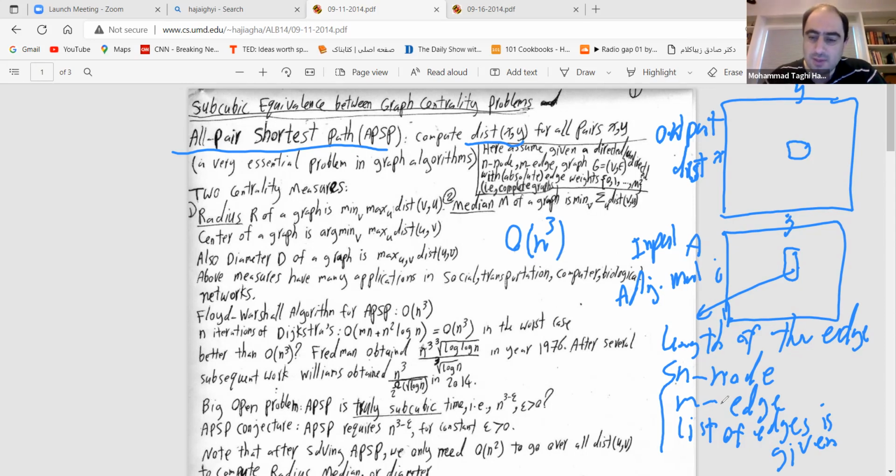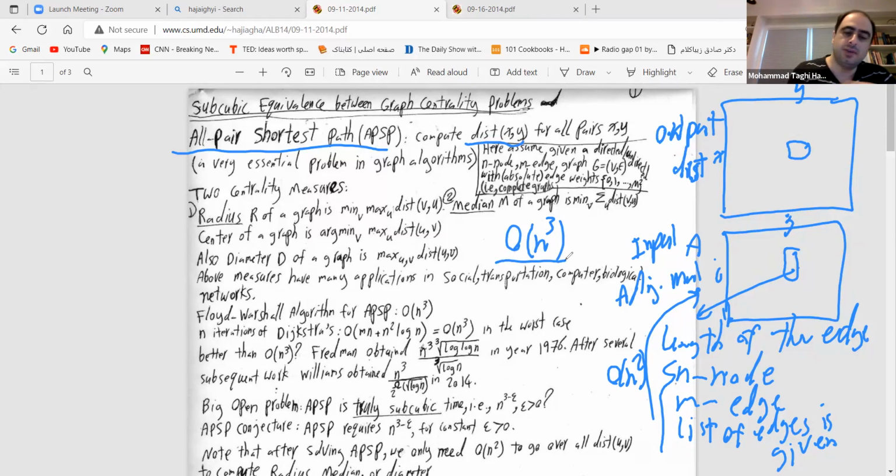If you get the list of edges, you can create the adjacency matrix in order n squared. Or vice versa, if you have the adjacency matrix, you can get the set of all edges in order n squared, because you will read everything. Since we are talking about improving over n cubed, an n squared operation doesn't have any issues.